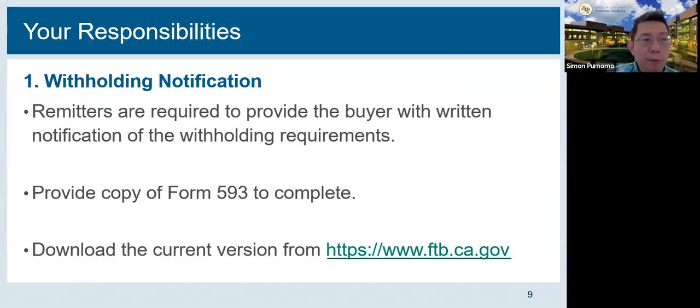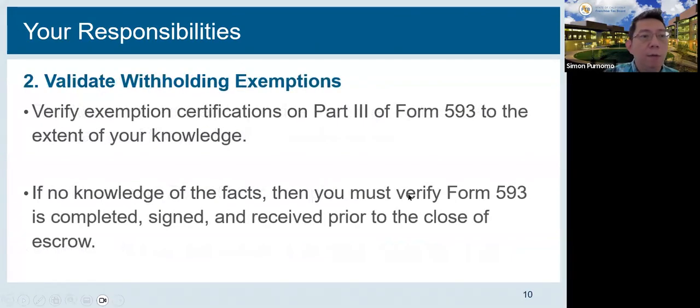Your second responsibility is to validate withholding exemptions. Verify the exemption certification on Part 3 of Form 593 to the extent of your knowledge. So what do we mean by the extent of your knowledge? For example, the seller completes Part 3 and certifies that the house was their principal residence.